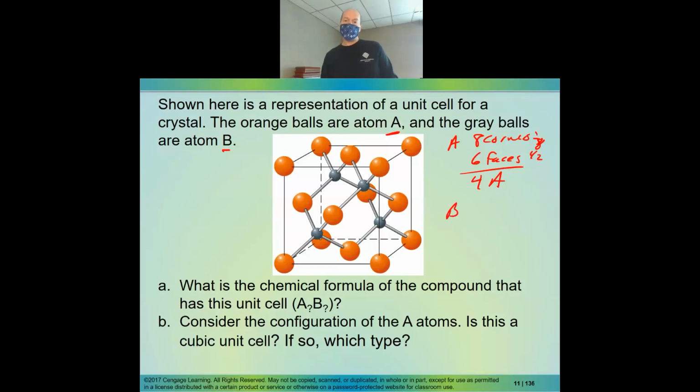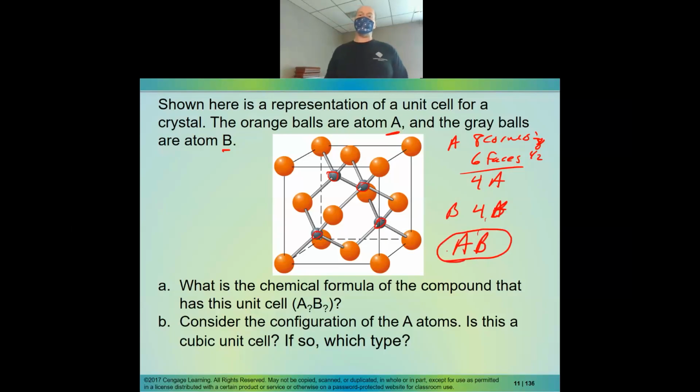And then the B, all of that's inside. It's not on a face, it's not on an edge, it's not on a corner. It is inside of the cube. And so you have 4 atoms of B as well. And so AB is the simplest formula for that compound.